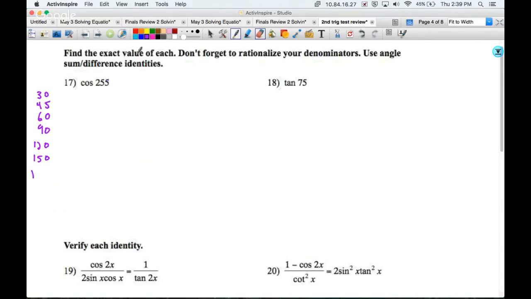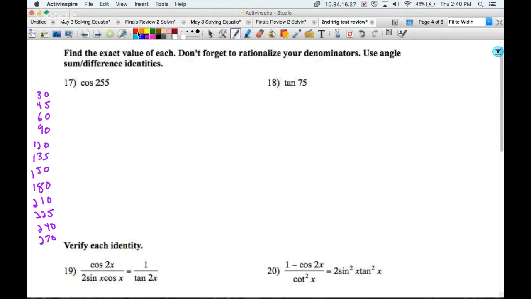120, I always skipped 135, 150, 180, 210, 225, 240, 270. Now we've exceeded that number.